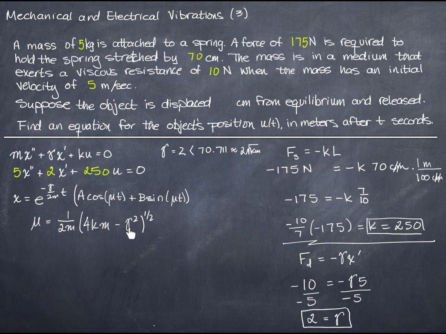This 4km minus gamma squared looks backwards, doesn't it? Because this is the reverse difference, if you will. The radicand, the argument of the square root, when we did the quadratic formula a couple of screens ago was gamma squared minus 4km. But this result here is what happens when you have complex roots.